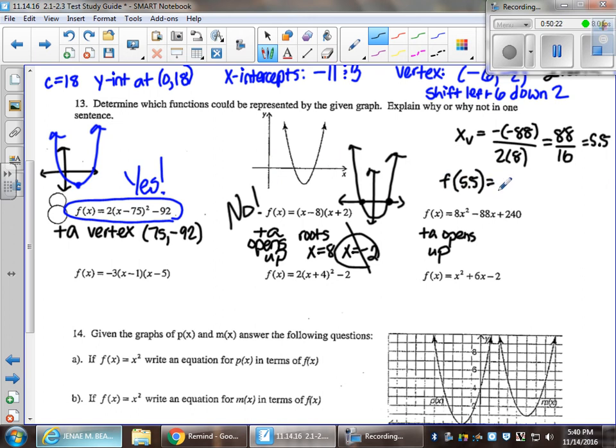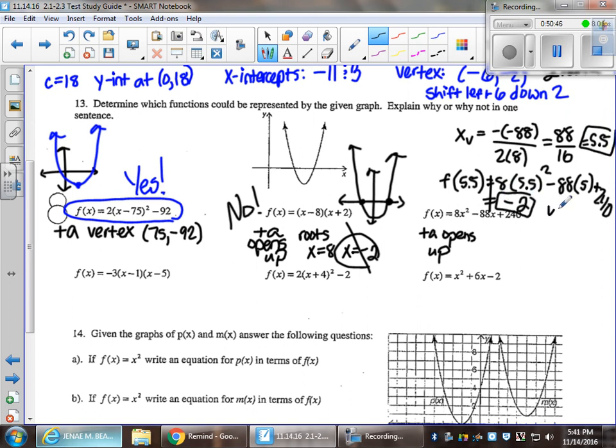Go ahead and use your calculator to figure out 8 times 5.5 squared minus 88 times 5.5 plus 240. That gets me a negative 2. Did you get negative 2? I hope so.